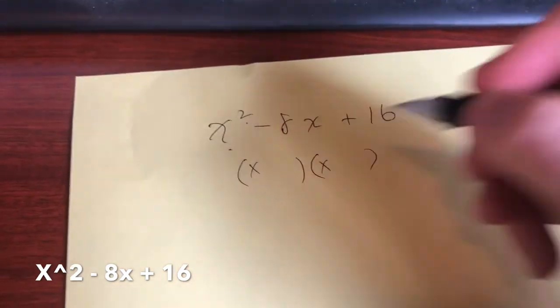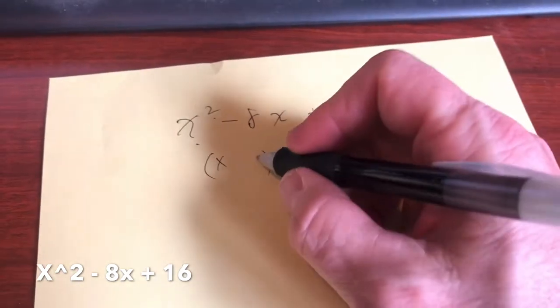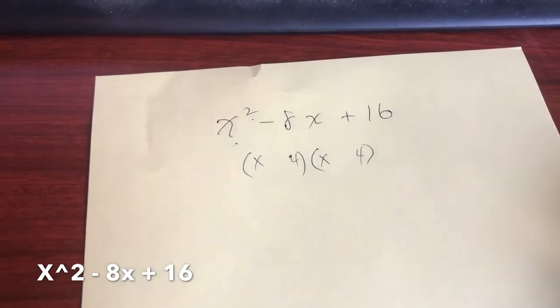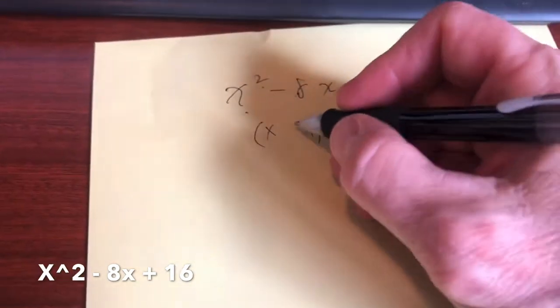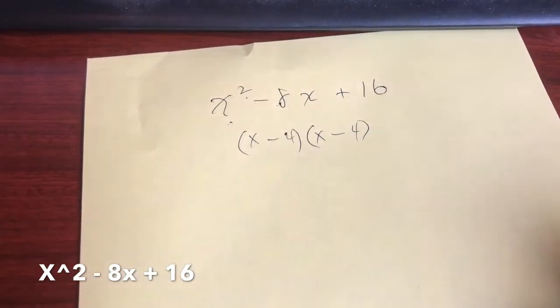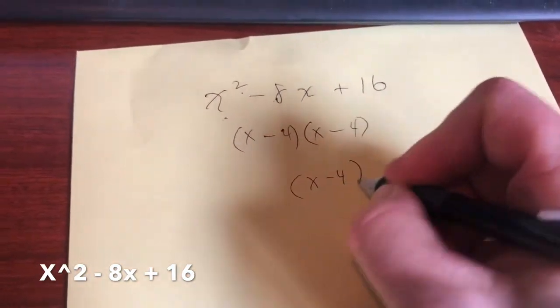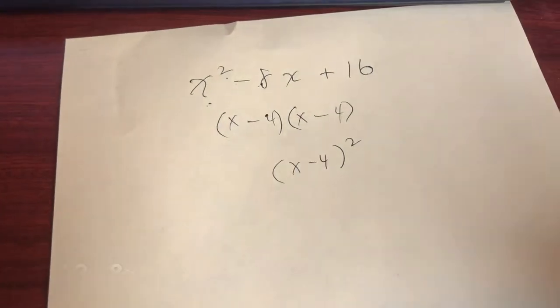X times x gives me x squared. 4 times 4 gives me 16. But the middle term is minus this time. So now I go minus, minus. And notice that these two are the same. So ultimately, there is my answer. That's my factor.